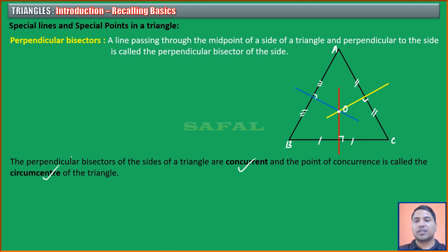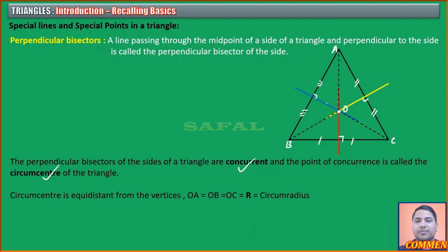it a circumcenter. The next important point which you need to keep in mind is that circumcenter is equidistant from all the three vertices. That means OA equals OB equals OC. Very, very important.